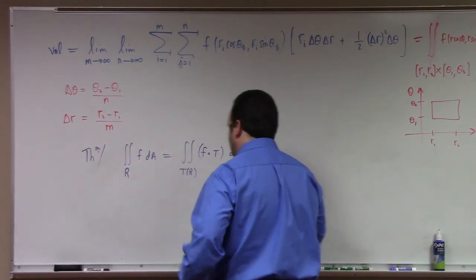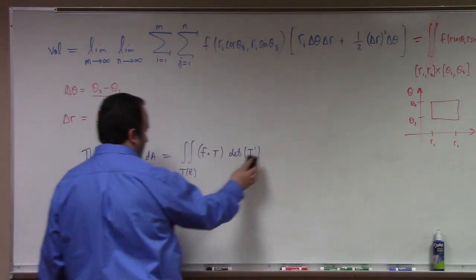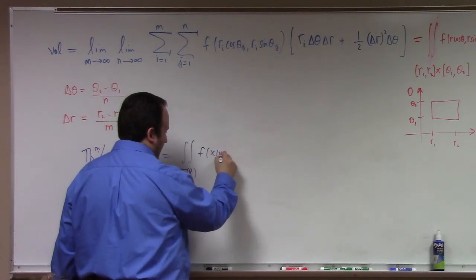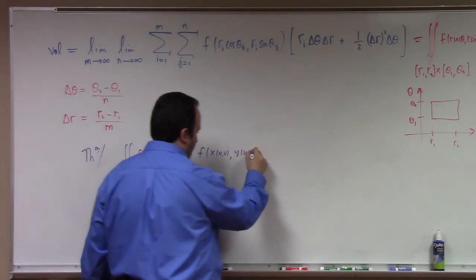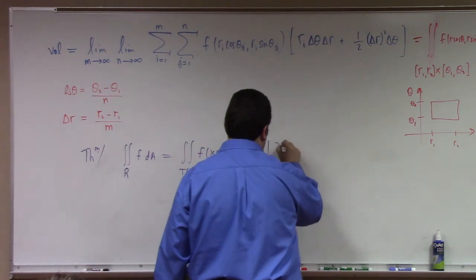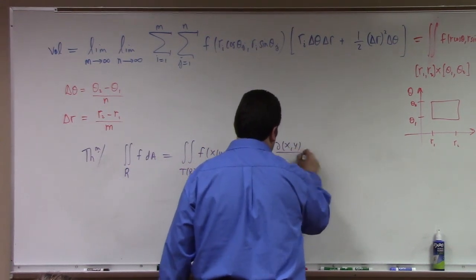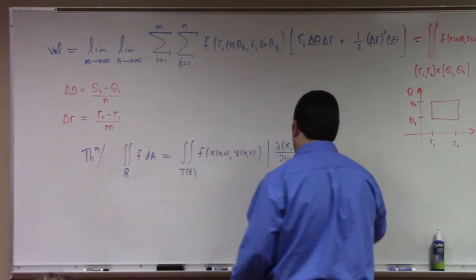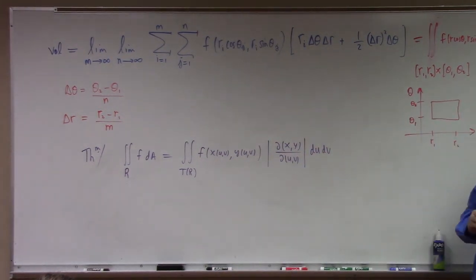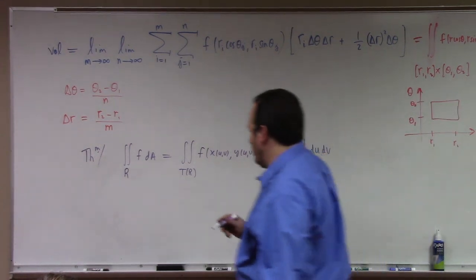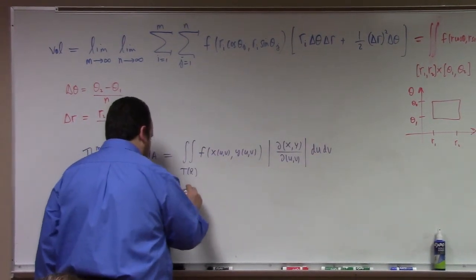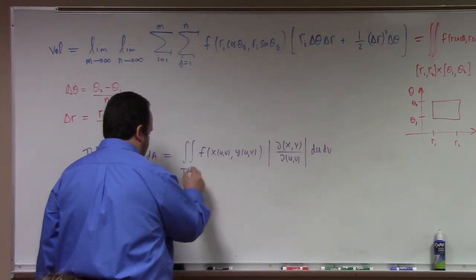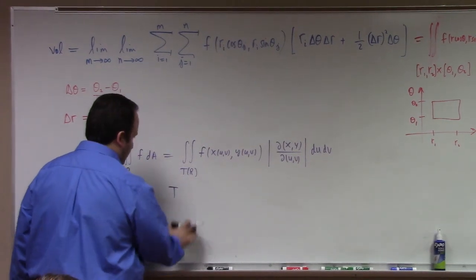In words: f of x of u comma v, comma y of u comma v, and then the absolute value of the partial of x comma y with respect to u comma v, du dv. So here, this T, I'm thinking of T of, let's see here. Well, this is the transformed region anyway. I'll just stop at that.